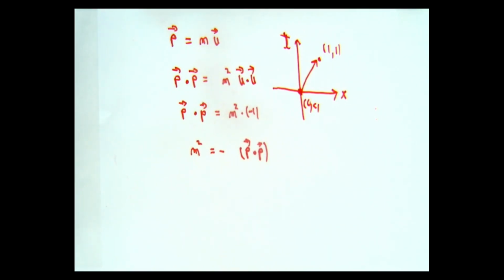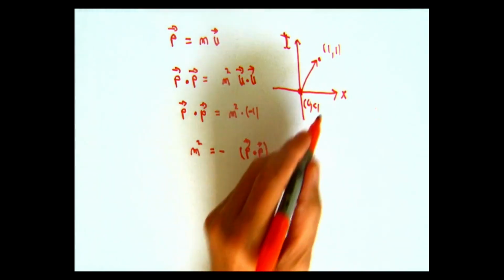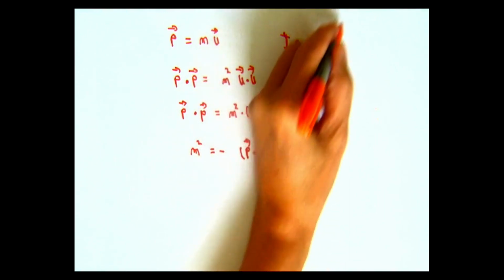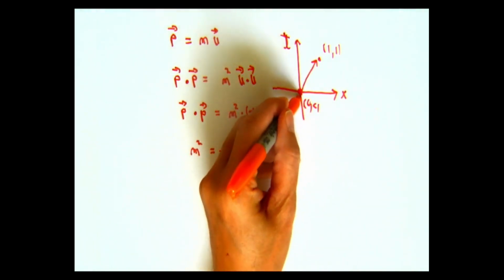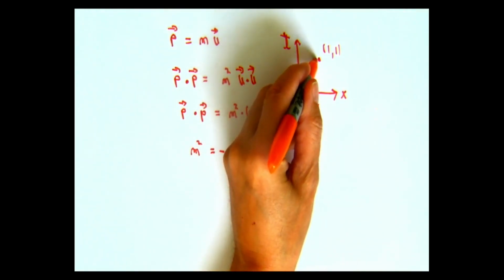Any transfer of energy or momentum from one point to another caused by this photon has to occur in this direction. So the momentum, which I'm not looking at too carefully right now, must be parallel to the vector that starts at the origin and ends up there.